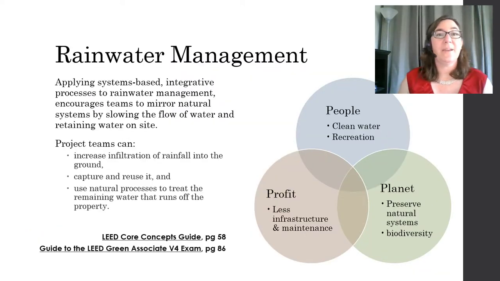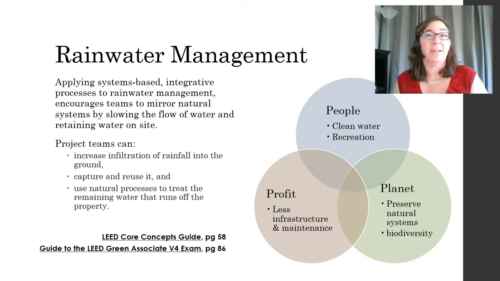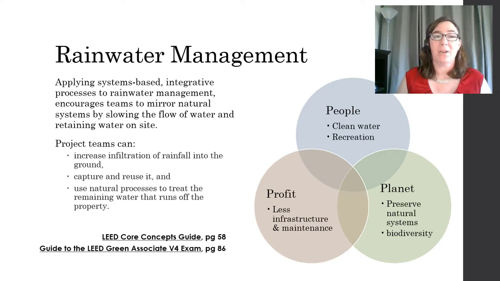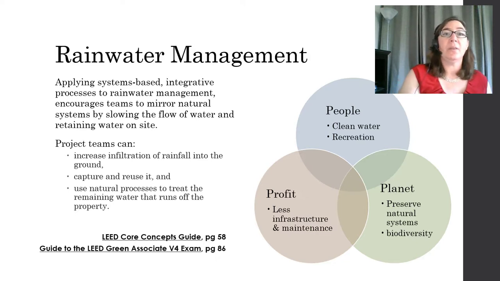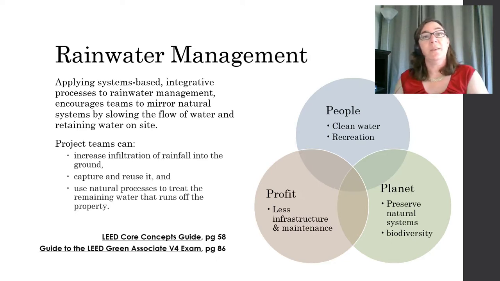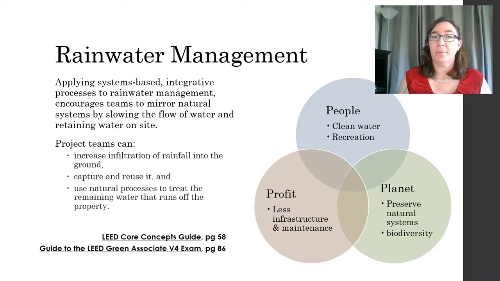The next factor we need to talk about in the sustainable sites category is rainwater management. And what we need to do is to apply some of those integrated design processes and those systems thinking ideas to rainwater management. And the goal is to mirror the natural watershed systems to slow down the flow of water past or through our site and to retain water on the site.